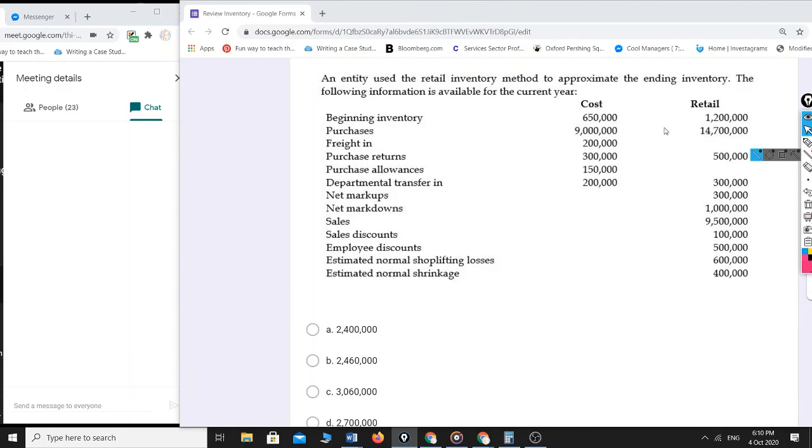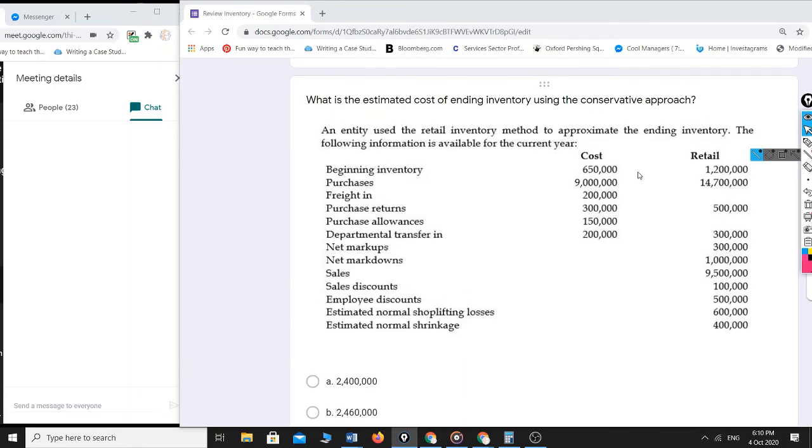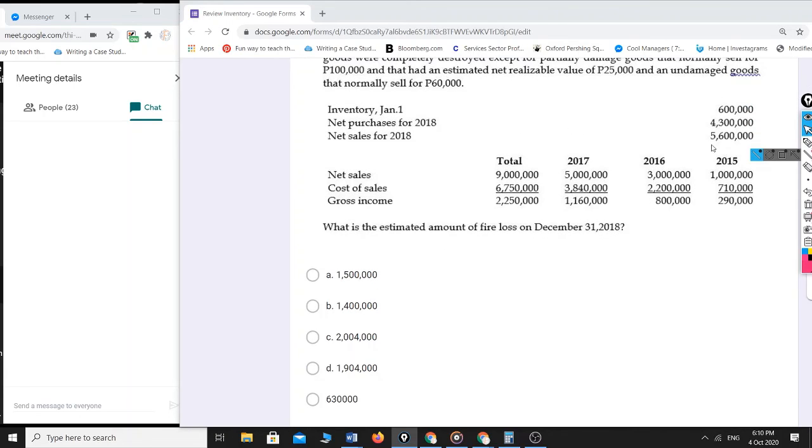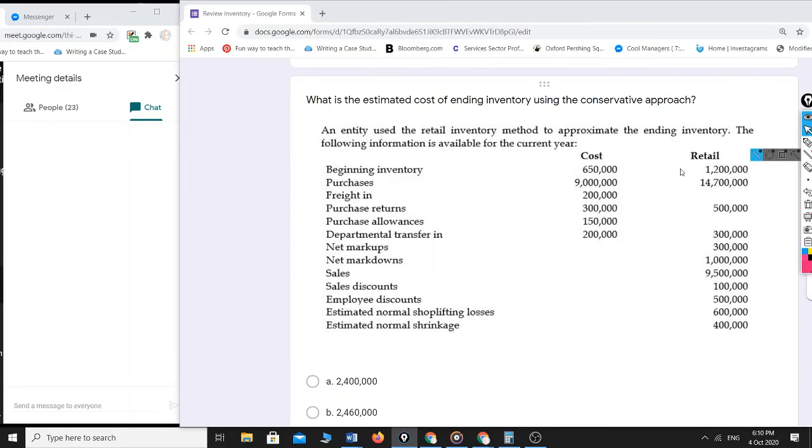So, you will just compare the cost and the retail and then compute the cost ratio or cost percentage. Unlike earlier in the gross profit method, where we multiplied net sales by the gross profit or the cost ratio to get the cost of goods sold, here, the cost ratio is computed by dividing the cost by the retail.